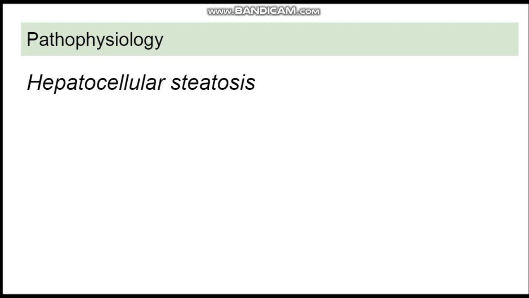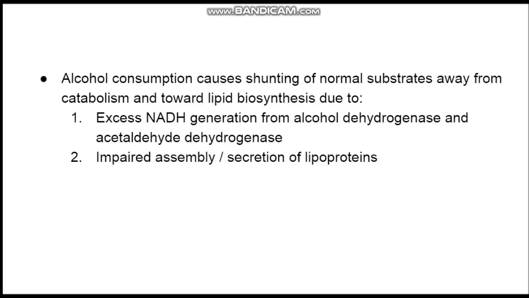So going to the pathophysiology. Alcohol works by multiple methods by which it causes shunting of normal substrates away from catabolism and towards lipid biosynthesis. So it increases lipid biosynthesis and causes fatty liver. The first method by which it acts is excessive NADH generation. How does this work?